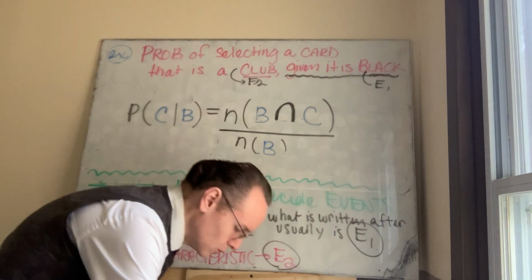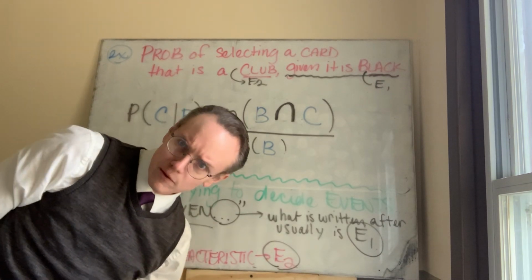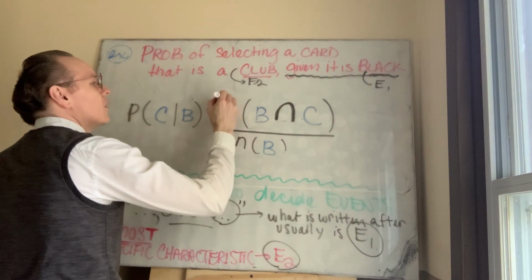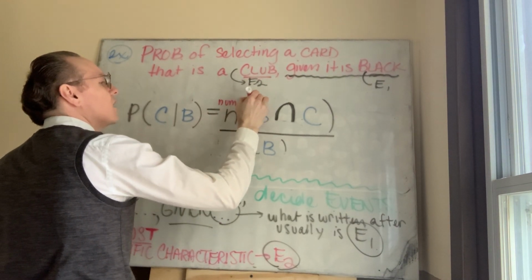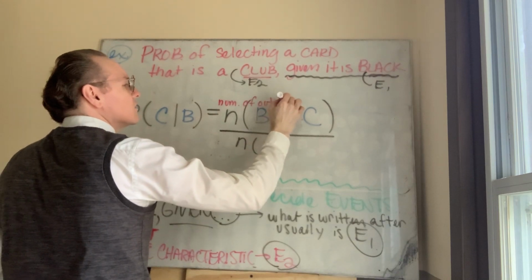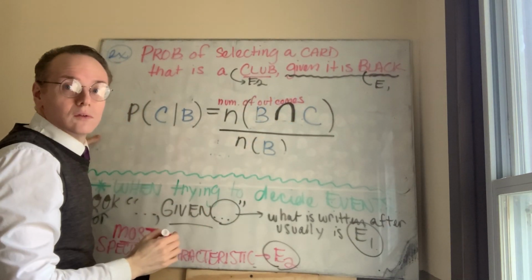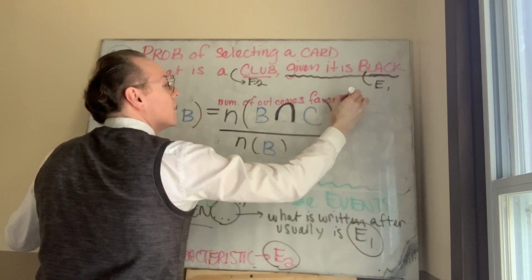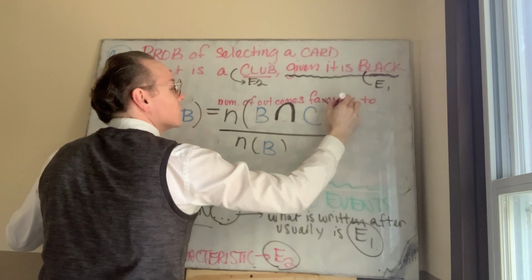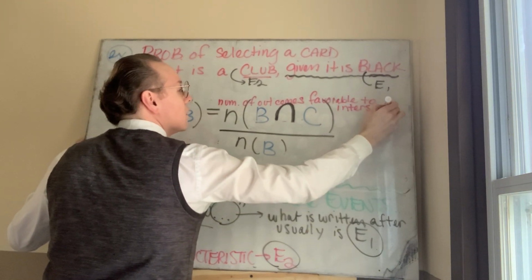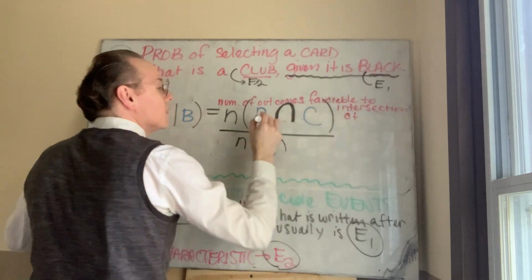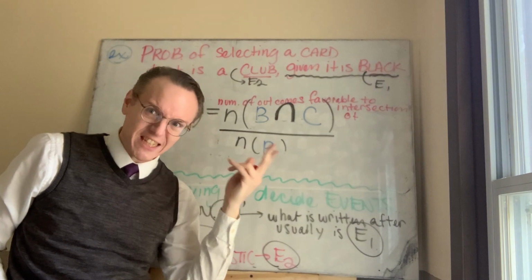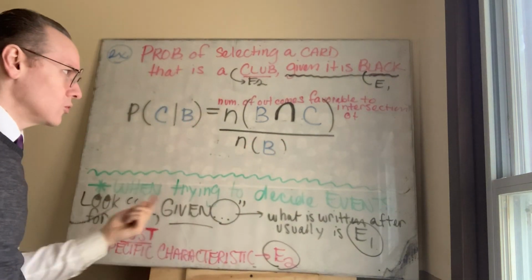Now, if we were to translate the symbols to grammatical English, this is the number of outcomes favorable to the intersection of black cards and clubs. It's kind of asking you to do some steps in your head, which I hate, but we'll do it anyway.